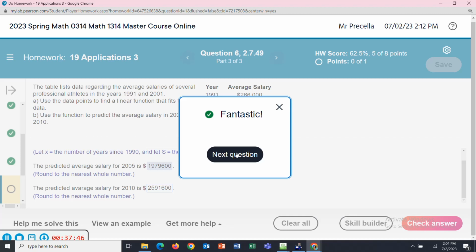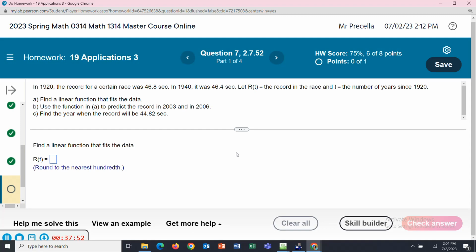These are some nice applications of stuff that we'd already done. Lines. Let's see. Oh, looks like this is the same type of problem. Problem 7. In 1920, the record for a certain race was 46.8 seconds.